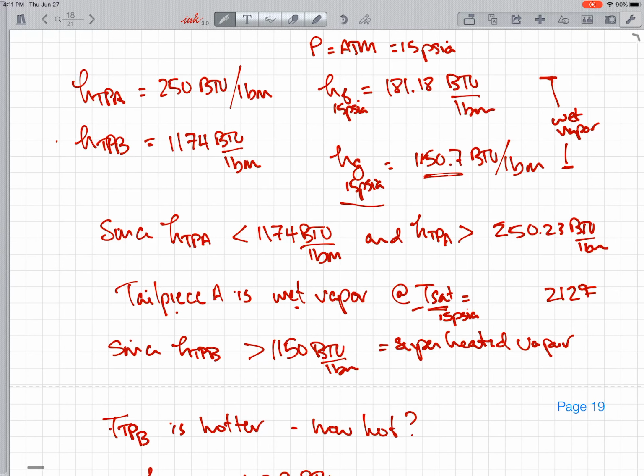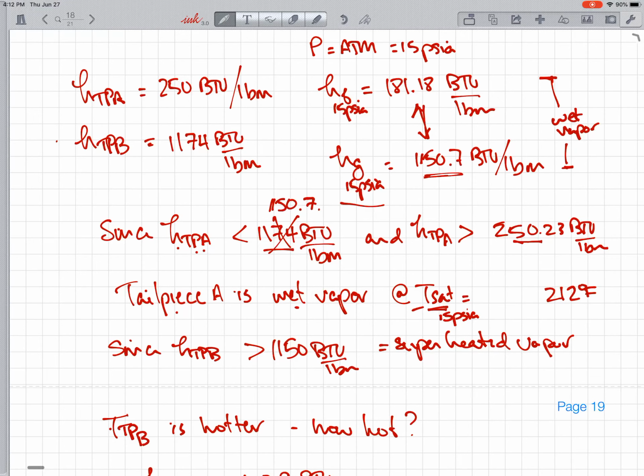Since enthalpy of the tailpiece at alpha tank is less than 1174 and greater than 250, and that's not true. It's these two enthalpies we're worried about. So this is not correct. This will be 1150.7. Sorry about that. Mind is distracted.